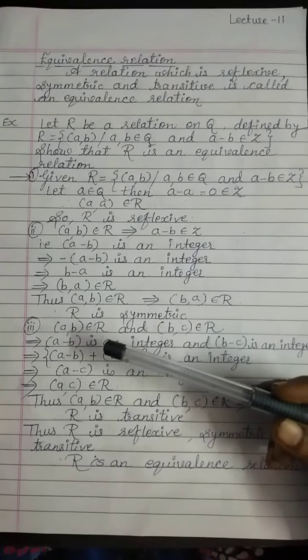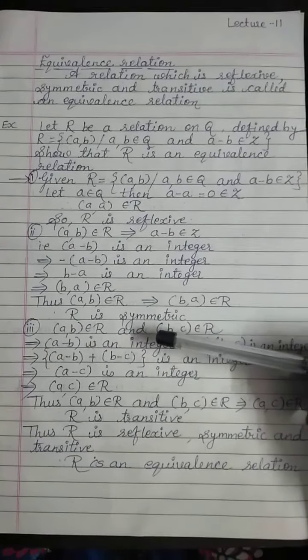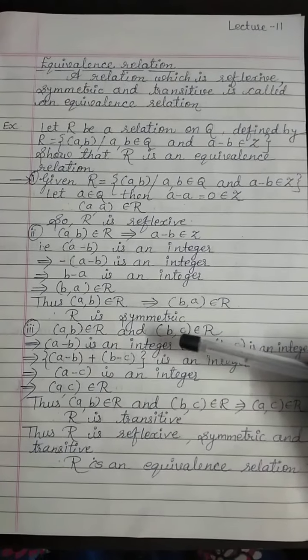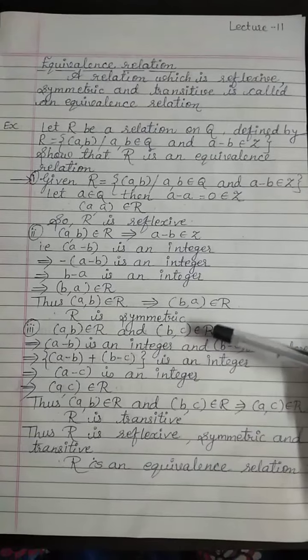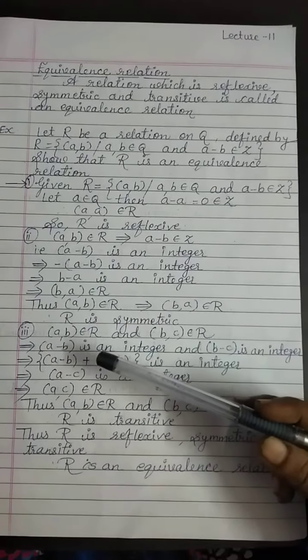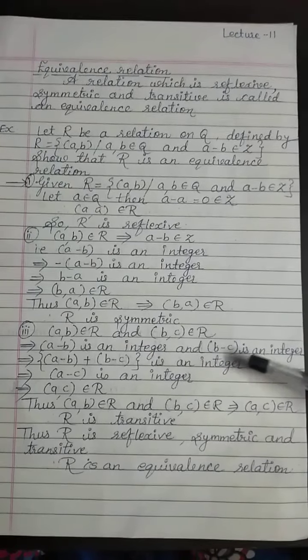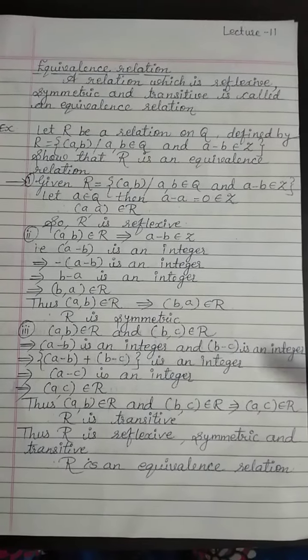Now for the third point, ordered pair (A, B) belongs to R, and we consider one more ordered pair, (B, C) belongs to R. So now we have two terms: A minus B is an integer and B minus C is an integer.